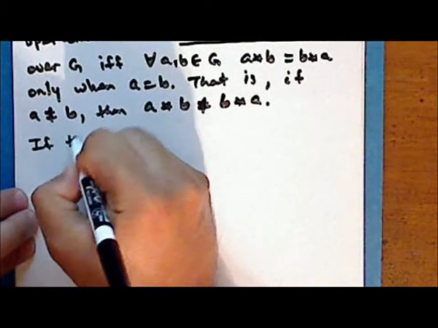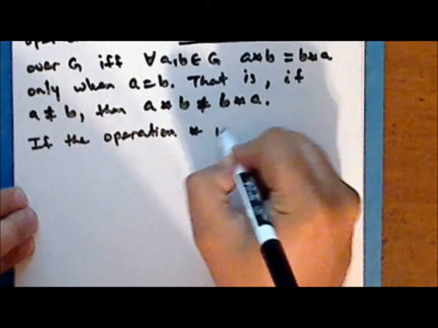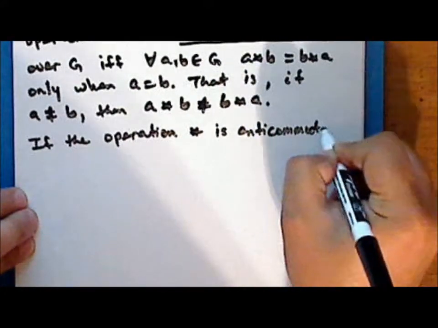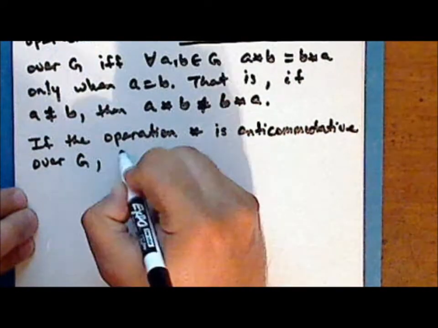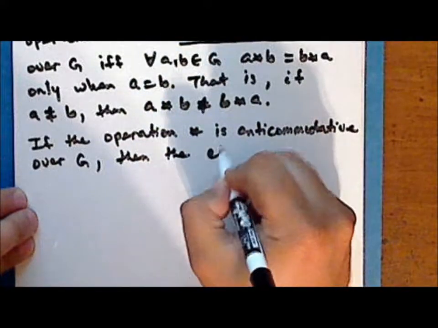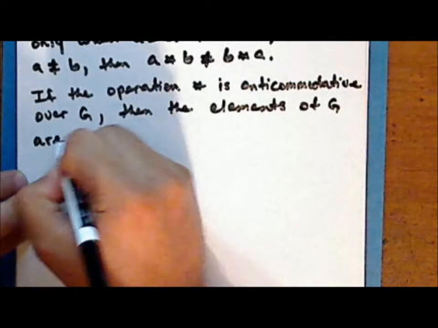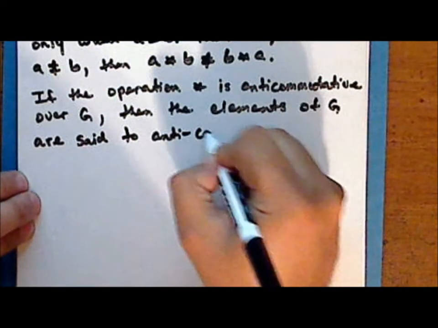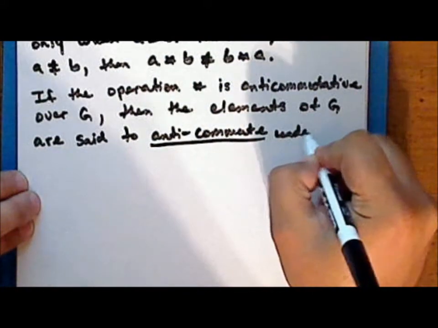Now, if the operation star is anti-commutative over the set G, then the elements of the set G are said to anti-commute under the operation star.